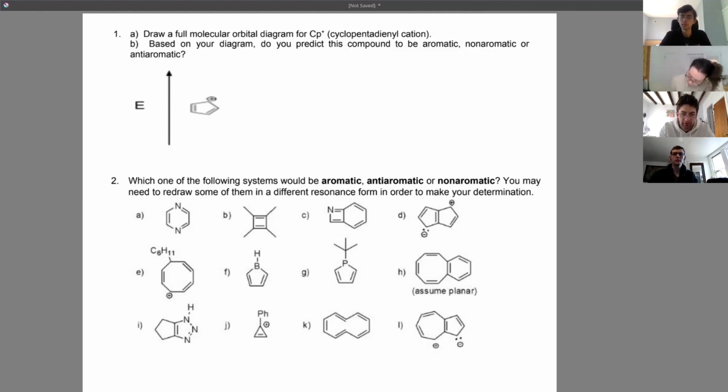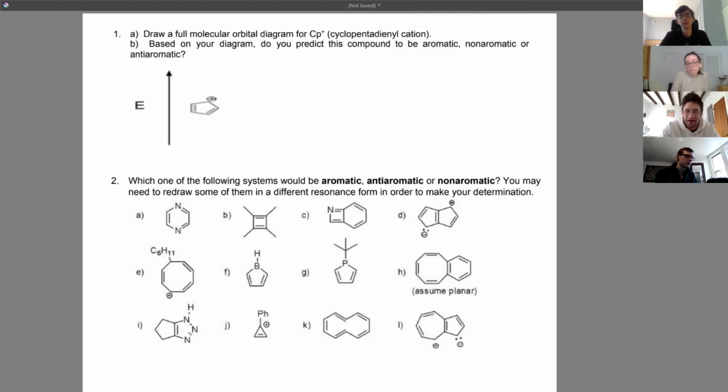So what are we thinking for G? It's the one with that turd beetle on the phosphorus. I said aromatic, because the phosphorus... why can't it?